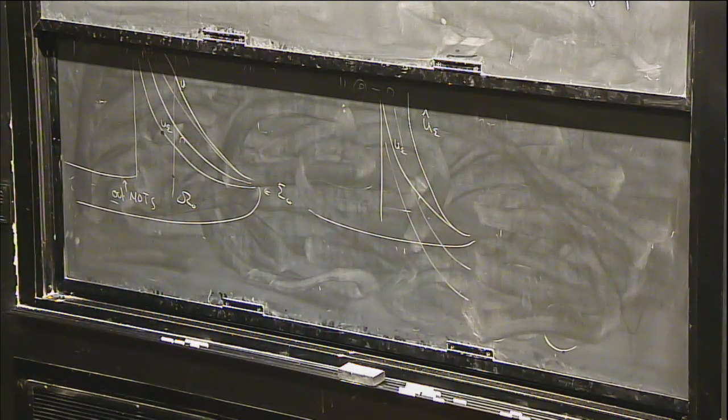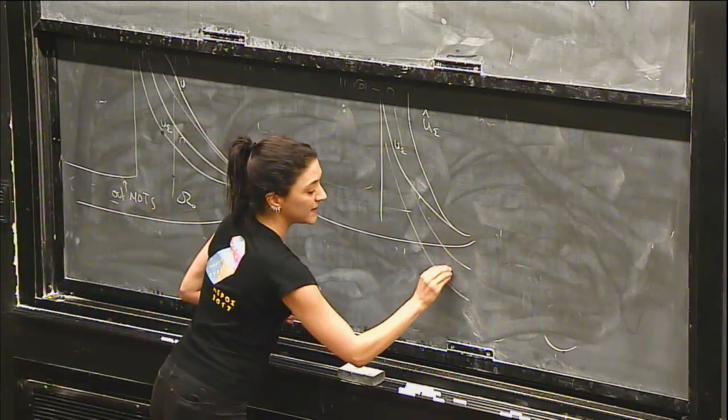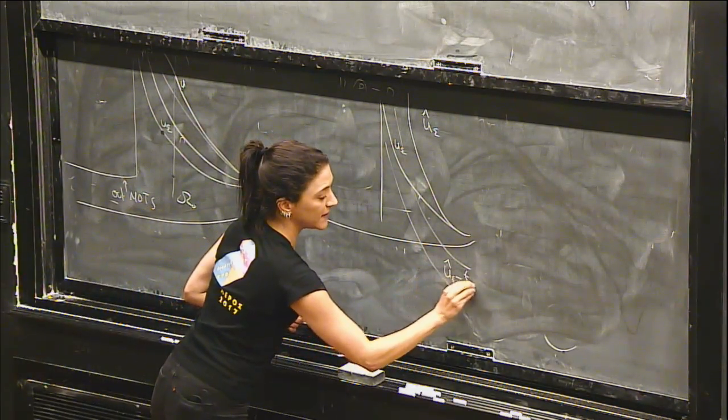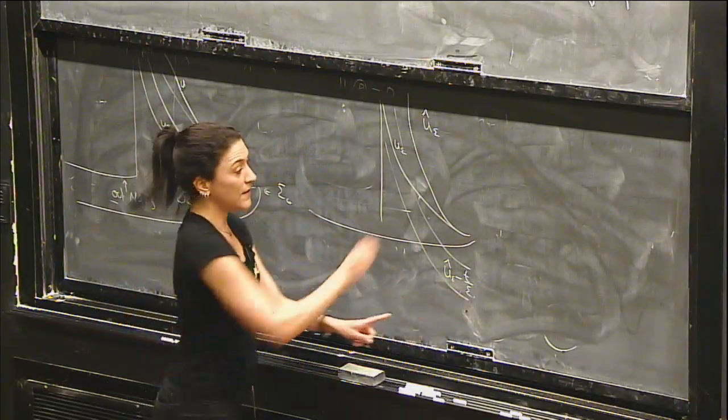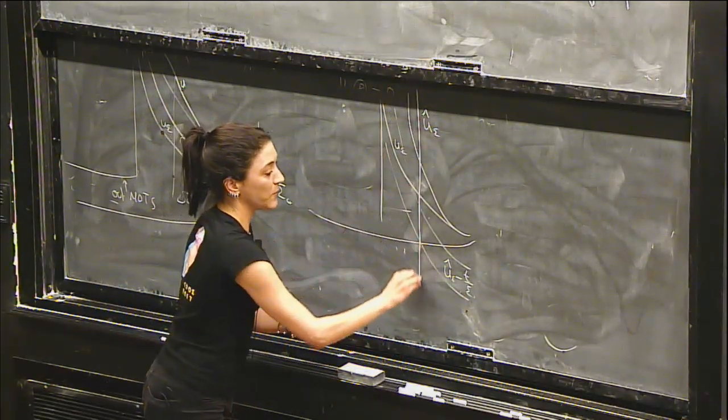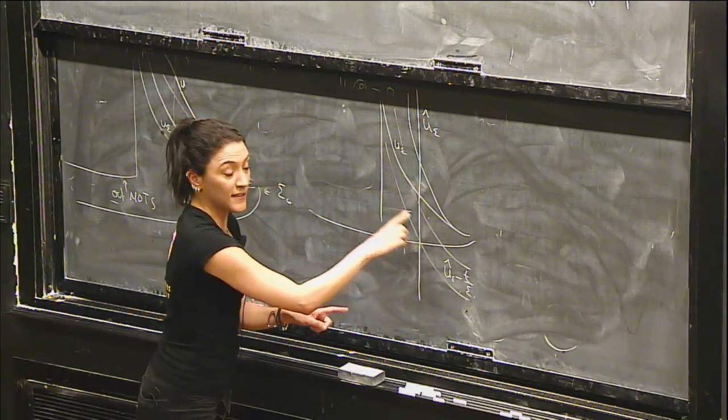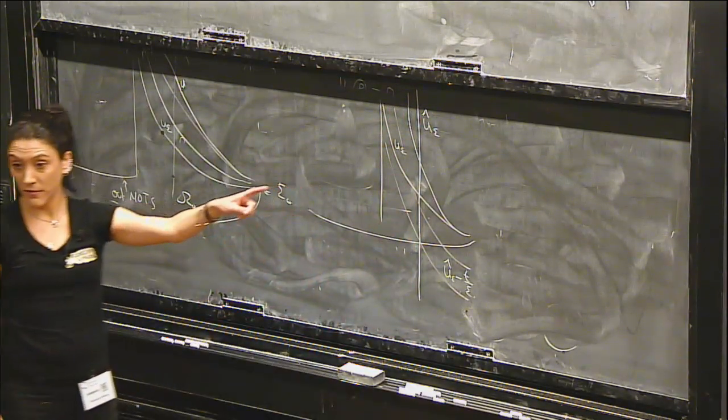Okay? And for each t, if I take U epsilon minus t over epsilon and let epsilon go to 0, this will tend to a cylinder. The cylinder will be the t slice of your U.